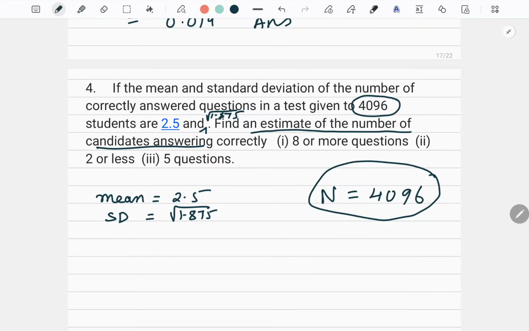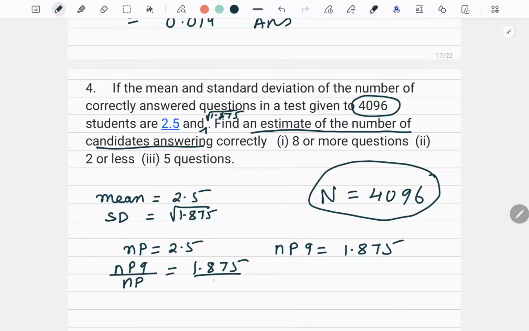Now mean is given 2.5. Mean is what? NP. So NP is 2.5. Standard deviation is under root 1.875, means NPQ is equal to 1.875. Okay. Now, can I divide these two relations? NPQ upon NP is equal to 1.875 upon 2.5. Now, N is gone, P is gone.